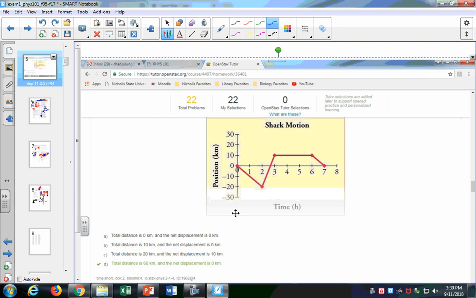In that case, you know the displacement is 0 because I'm starting here and I'm going back to here, right? But then you think about the distance traveled. The net displacement is 0, so that gets rid of this one. And then I think about the distance. Well, I go here from 0 to 20, so I travel 20 kilometers. And then I go 20 to 10, so I travel another 30.